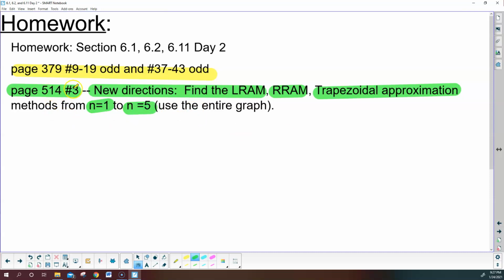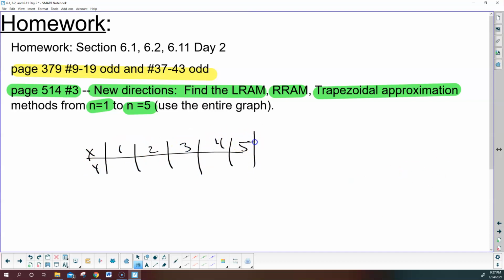So you're really just using the graph from number 3 and ignoring all the directions, and you're going to find the intervals from 1 to 5. So you would basically set up a table, and I want equal intervals. So on your table, you're going to go 1, 2, 3, 4, 5.